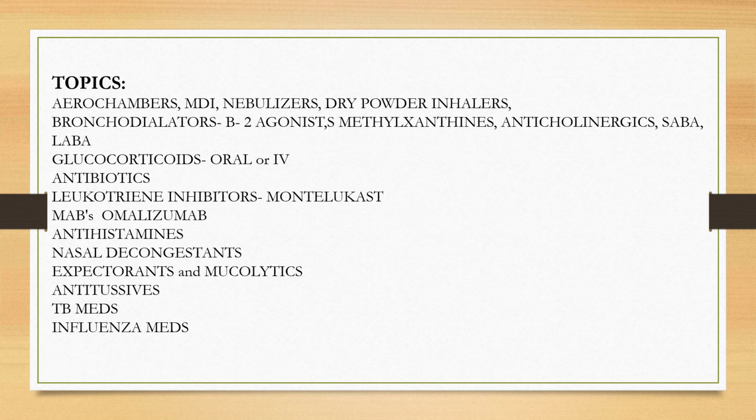This monoclonal antibody, that's how it works. So it's kind of a last-ditch effort. These are very expensive, and most people are controlled with their beta agonist, their anticholinergic inhalers, and their steroid inhalers, such as fluticasone. Okay, the majority of people.